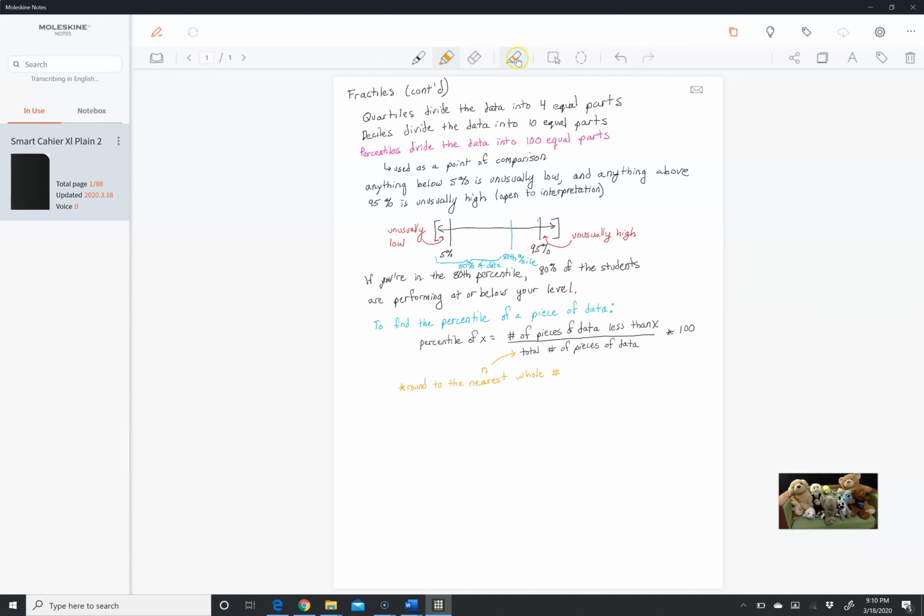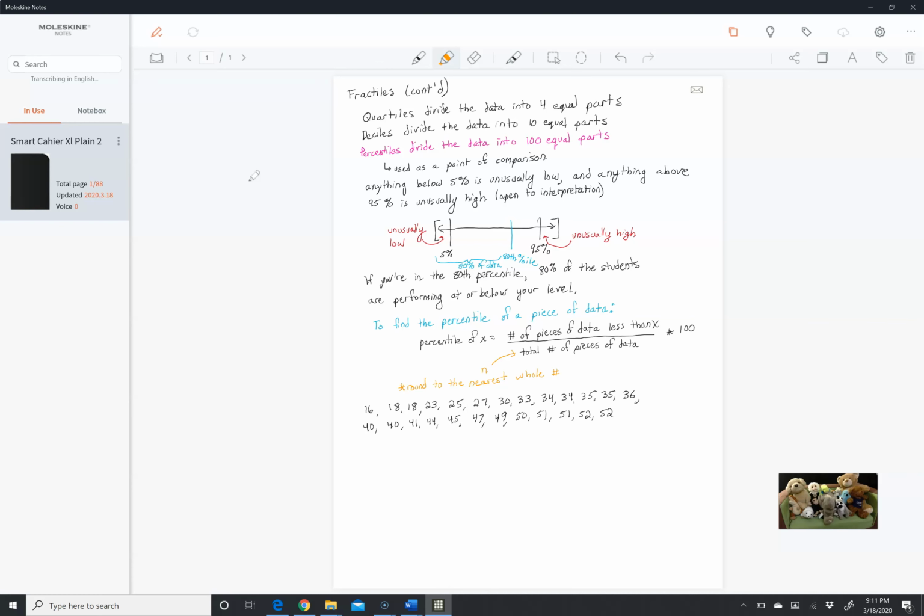Okay, so let's take an example of a set of data. So I'm just going to write out some numbers here. There are 25 numbers in the list. So we have 16, 18, 18, 23, 25, 27, 30, 33, 34, 34, 35, 35, 36, 40, 40, 41, 44, 45, 47, 49, 50, 51, 51, 52, and 52.